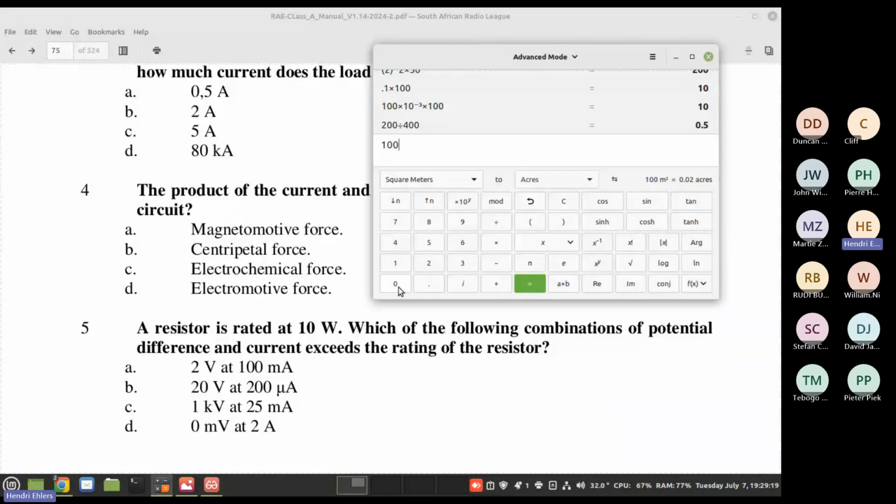I think we get 25 watts. 1,000 times... I should actually do it this way around, otherwise I'm messing myself around.